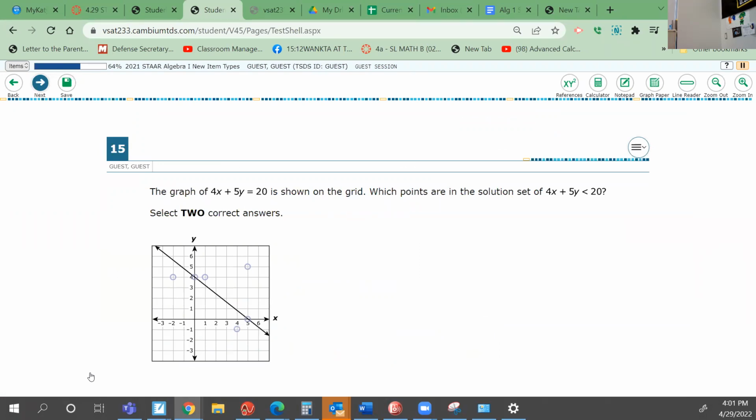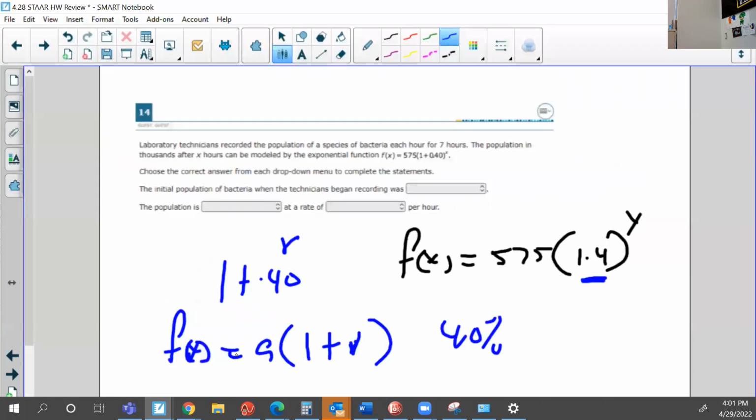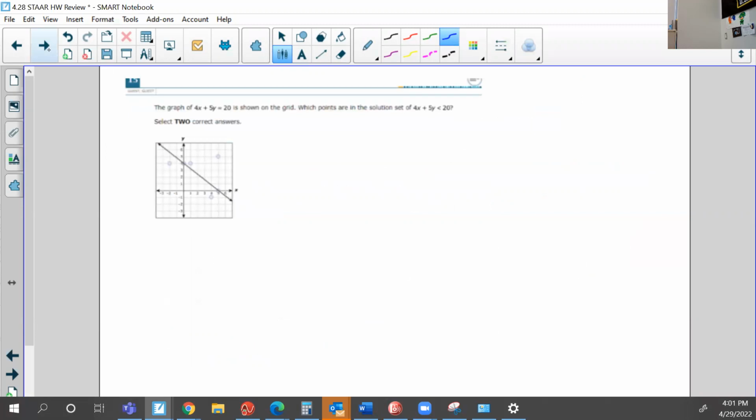I can tell it's going to be below the line. Well, let's not say that. Solve for y, guys. Let me go back to the drawing board. Whenever you have inequalities, solve for the y value. So we have 4x plus 5y is less than 20.